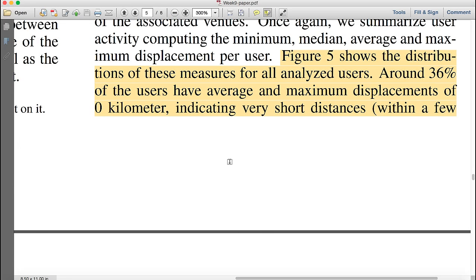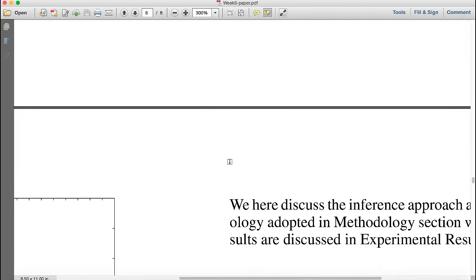Figure 5 shows the distribution of these measures for all analyzed users. Around 36% of the users have average and maximum displacements of about 0 kilometers, right? Indicating very short distances within a few meters.